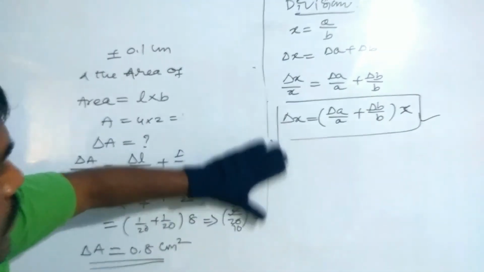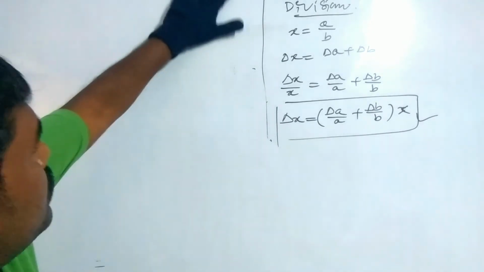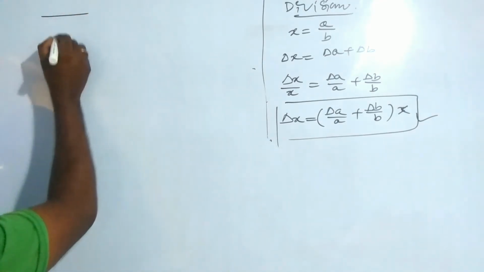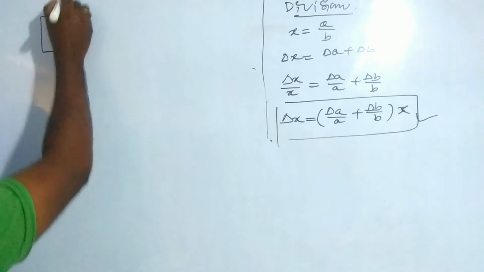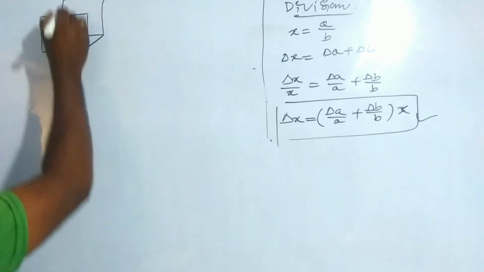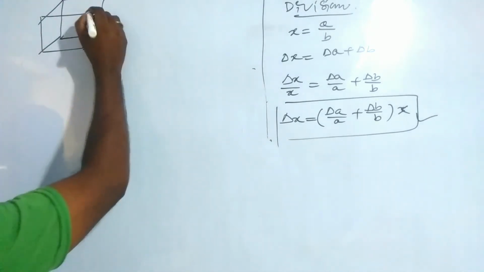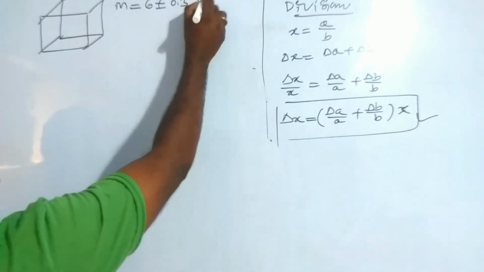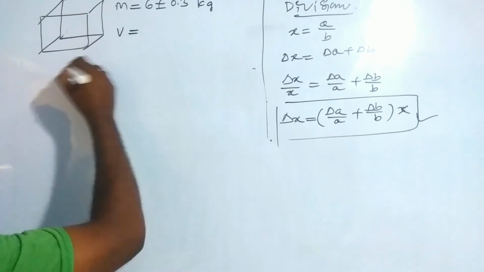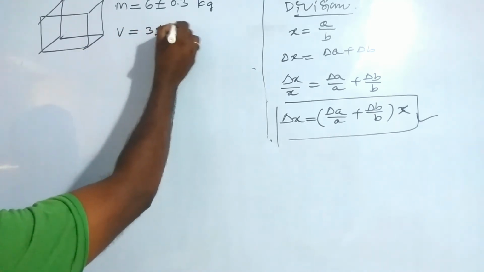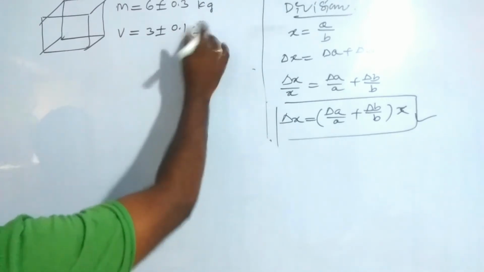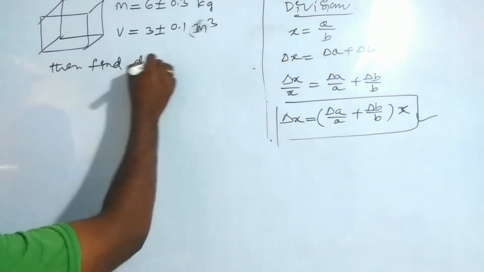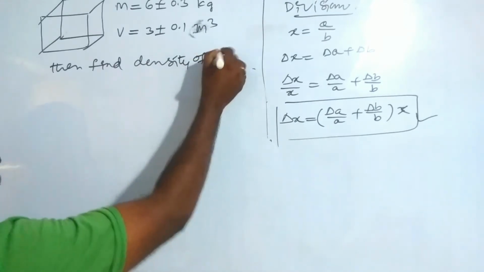Suppose we take a cube having mass equal to 6 plus or minus 0.3 kilogram, and volume of the cube equal to 3 plus or minus 0.1 meter cube. Then find the density of the cube.